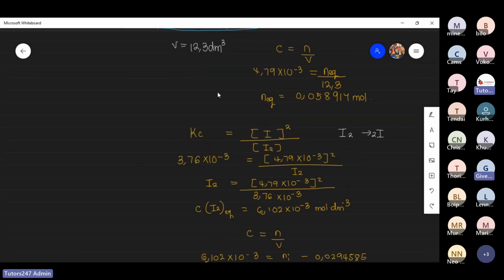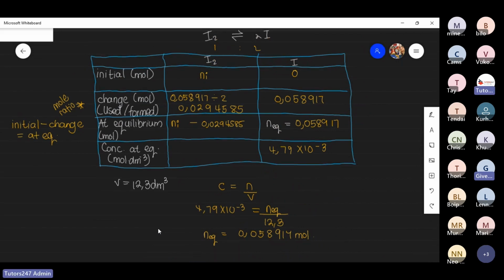So as you can see, the table was only used to calculate the concentration at equilibrium. Once we were able to calculate the concentration at equilibrium using our Kc expression, we were then able to use our concentration formula to calculate the number of moles, whereby initial number of moles was one of the components of that number of moles.